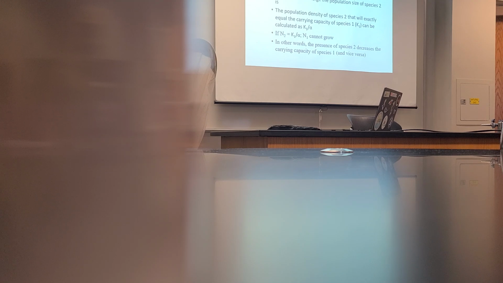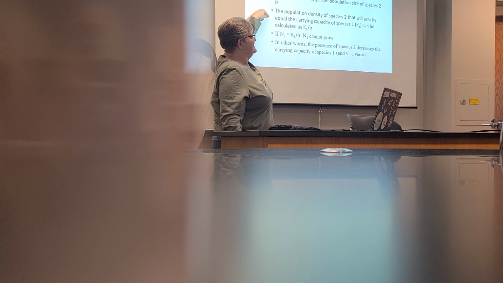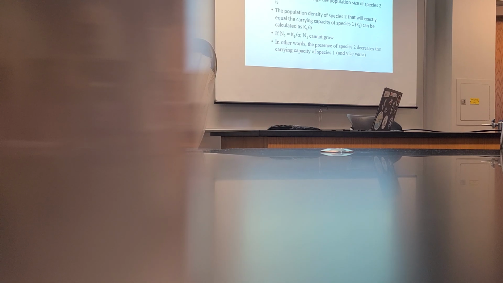So it says the population density of species 2 that will exactly equal the carrying capacity of species 1 is K1 over alpha, right? That's actually along this axis. It's saying how many individuals of species 2 do you need to completely outcompete species 1? And that number, whatever it is, K1 over alpha.